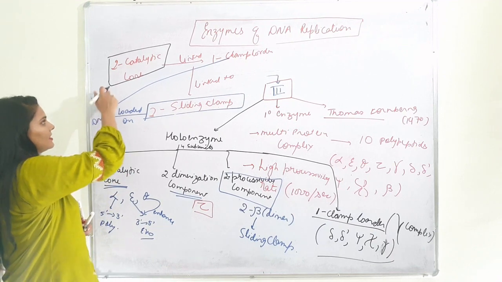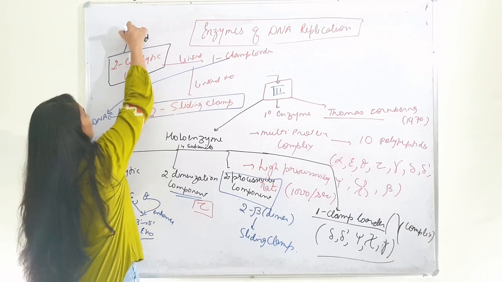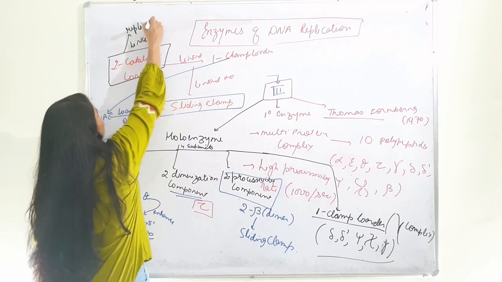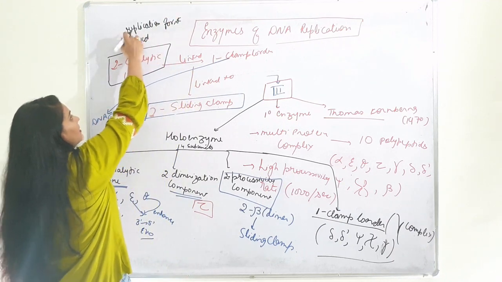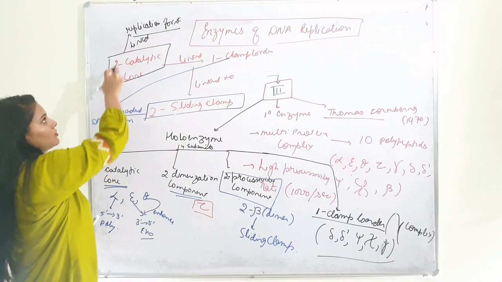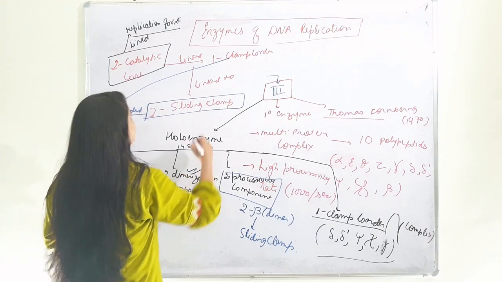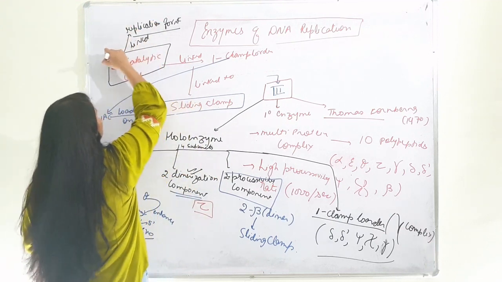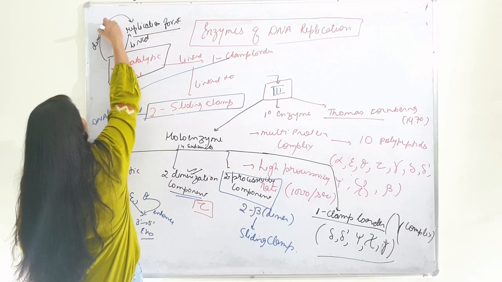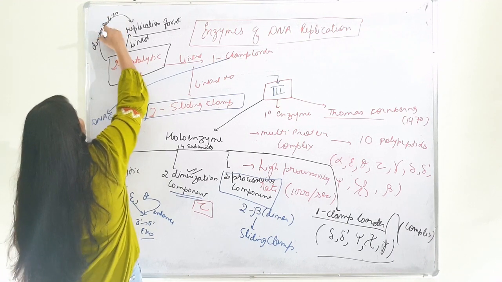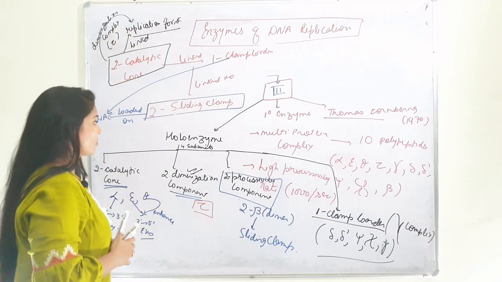First of all, this catalytic core gets linked to the replication fork, and this association of catalytic core to replication fork is facilitated by the dimerization complex, which is formed by the Tau subunit.